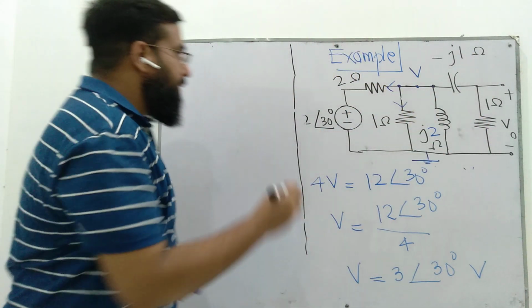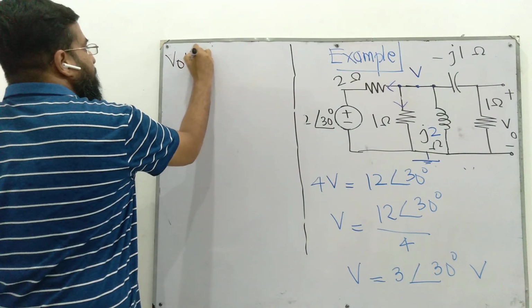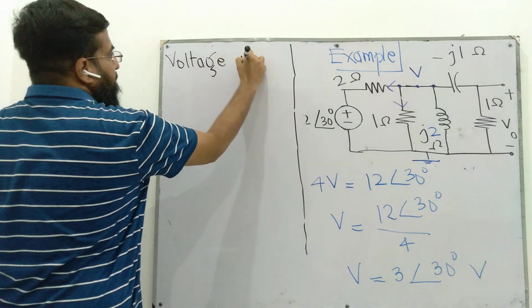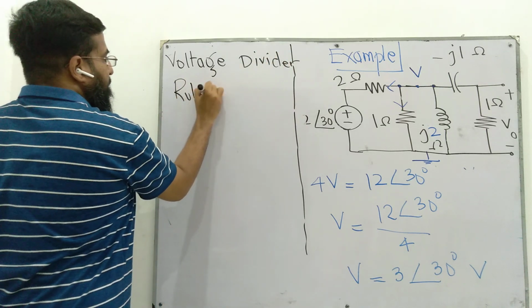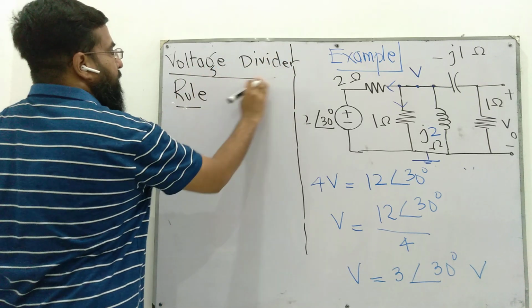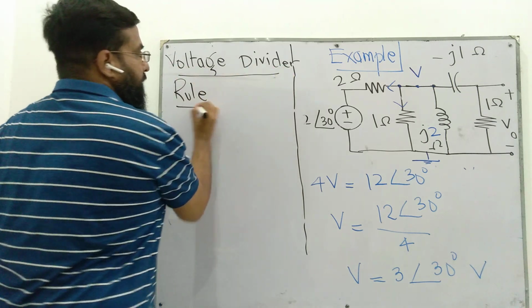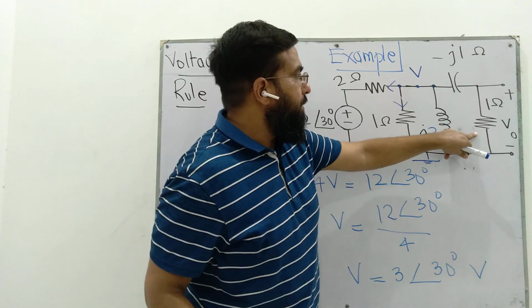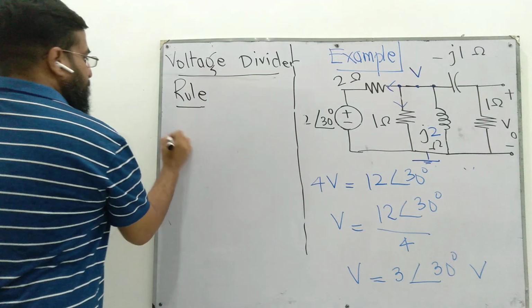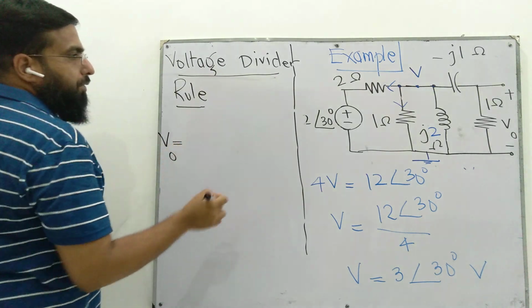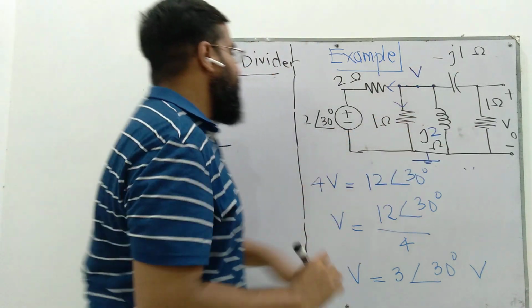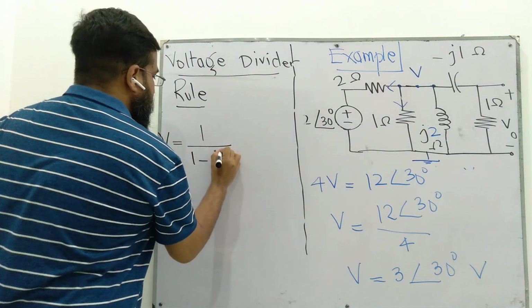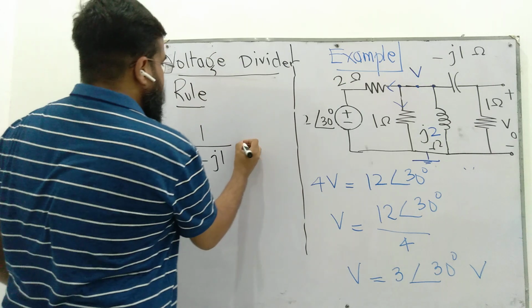So we can apply the voltage divider rule to find the voltage drop across the resistor. V out is the voltage drop across the resistor, so taking 1 ohm in the numerator and the sum of the two in the denominator, multiplied by V.